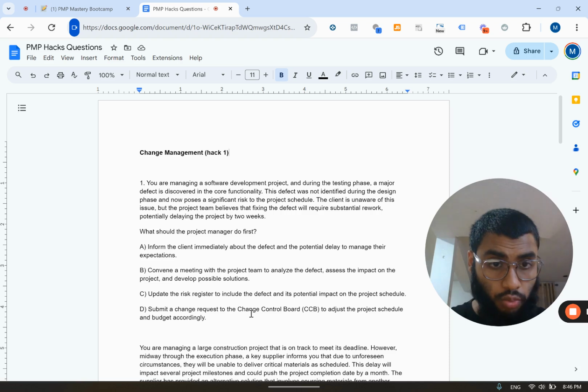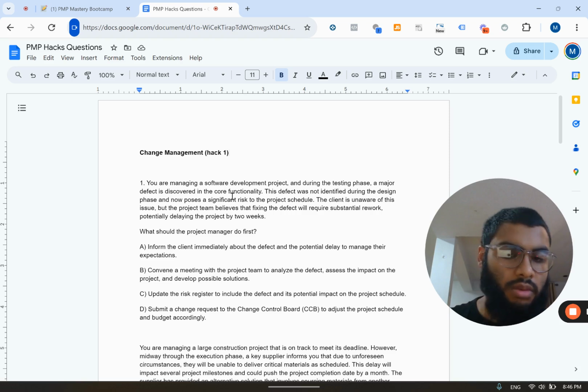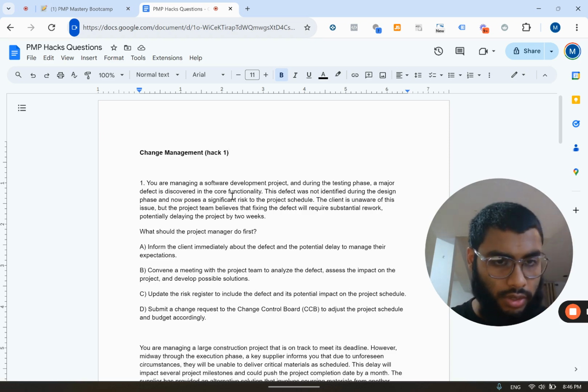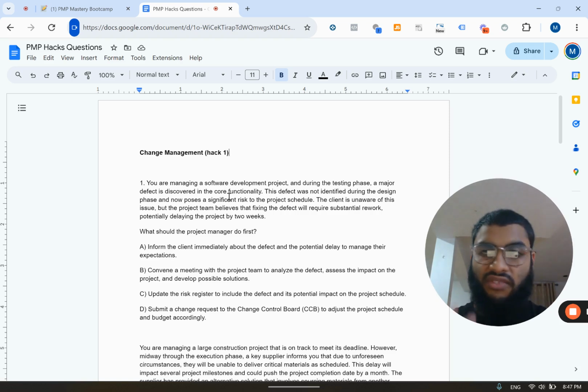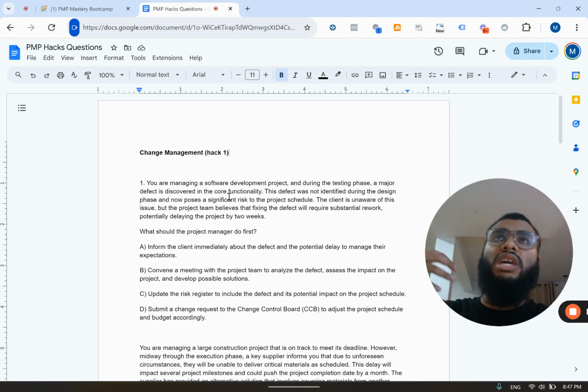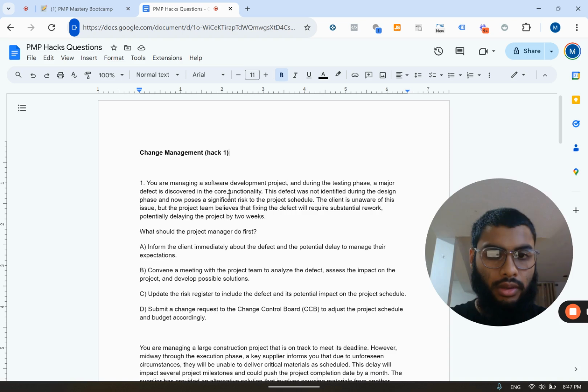What is the change control process? Number 1, the stakeholder, in this case it could be the PM or one of the team members, submits a formal change request. Number 2, the PM assesses the change request, investigates, gathers all the information that is required, and then gives it to the CCB. The CCB is a board of, let's say, directors.